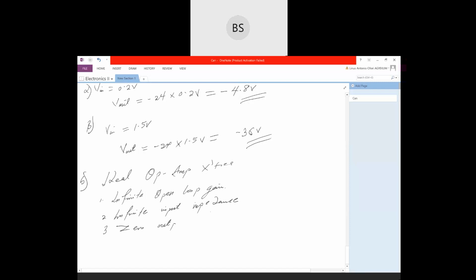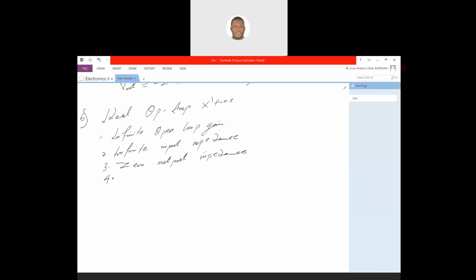Three, it has zero output impedance. And then four, it has infinite bandwidth.